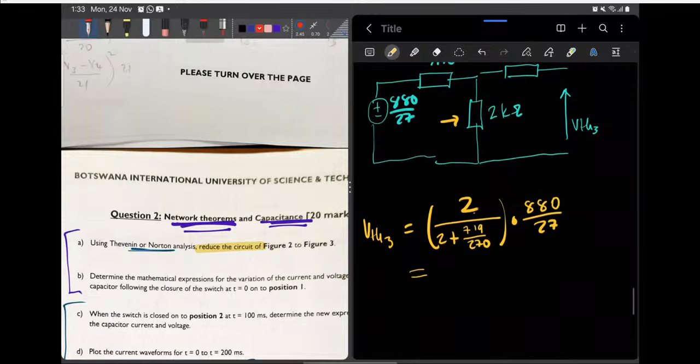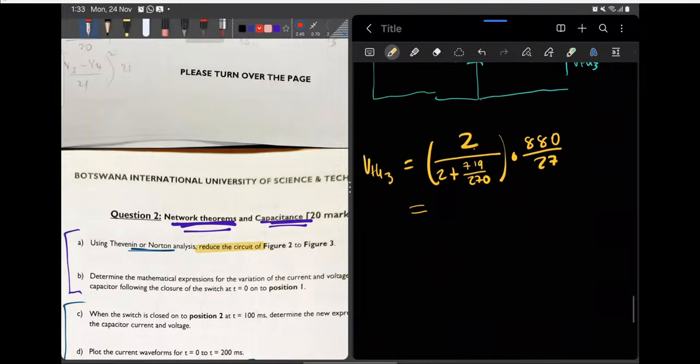Okay. So now we can get our answer. We can say 2 over 2 plus 719 over 270, then times 880 over 27. You get 13.9793 volts. There we have the value.